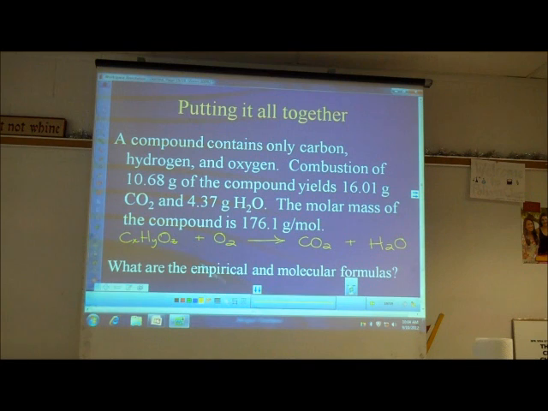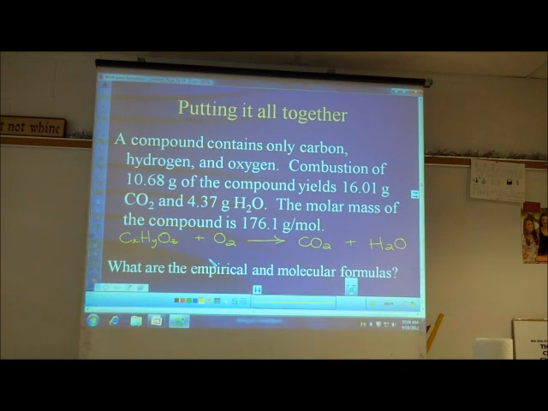All right. Well, folks, let's deal with the empirical part of this first. And I want you to think about what you ultimately need to solve an empirical formula problem. You need the number of moles of each of the elements. We have 3 elements to deal with.